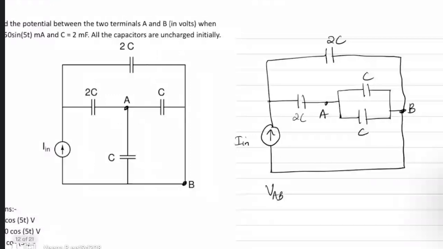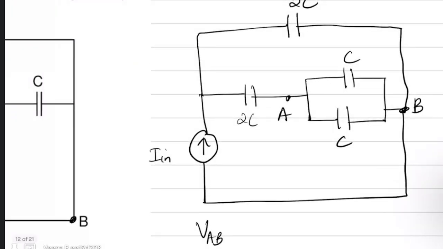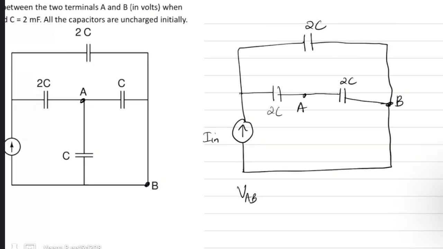Now VAB, between A and B, you have two capacitors in parallel. So when capacitors are in parallel, the equivalent capacitance will be the sum of the individual capacitances. So this becomes C plus C or 2C.